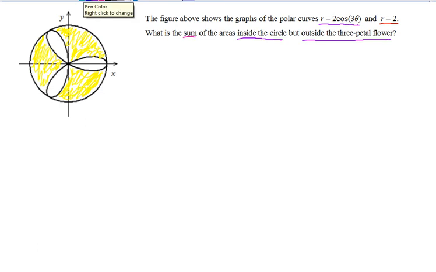Okay, so in general, we want the area in the shaded area. We can take the area of the circle and subtract the area of the 3-petal flower.